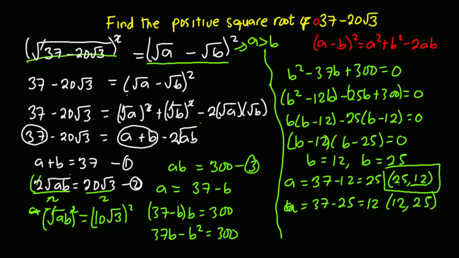That is, what you have on the right hand side is equal to what you have on the left hand side, and therefore the positive square root of this entire expression, that is square root of 37 minus 20 root 3, is square root of 25 minus square root of 12, and this will give us 1.535.